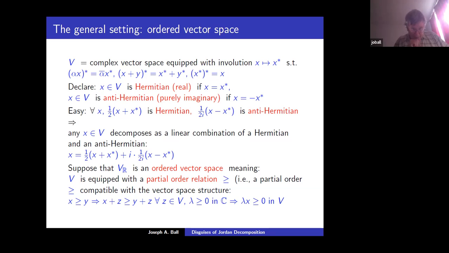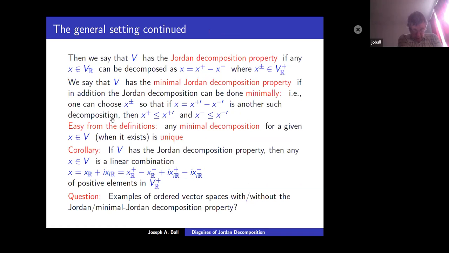Page 3. Then let us say V has the Jordan decomposition property if any Hermitian element can be written as the difference of positive elements.